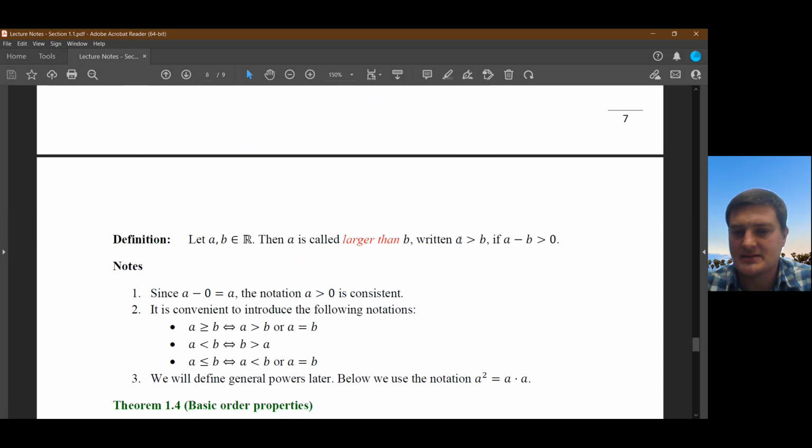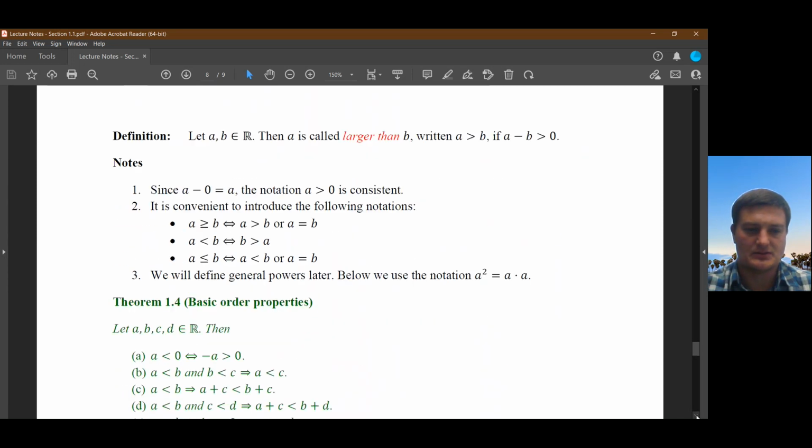If you think about it, if A is the bigger number than B, then A minus the smaller number will still stay positive. Regarding the other three inequality symbols that you know, greater than or equal, less than, and less than or equal, each of these is defined in terms of greater than and equality.